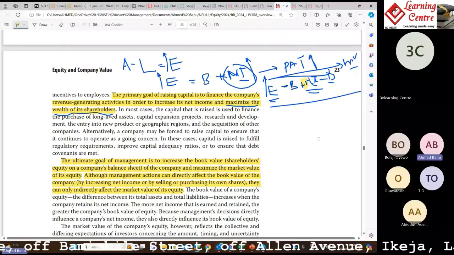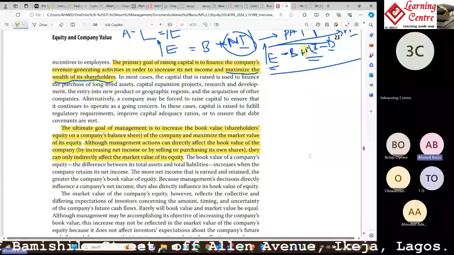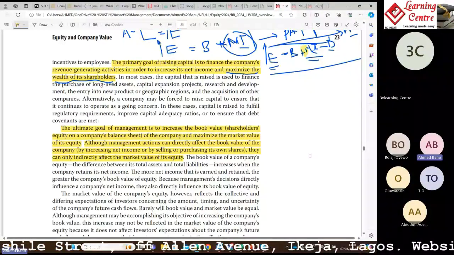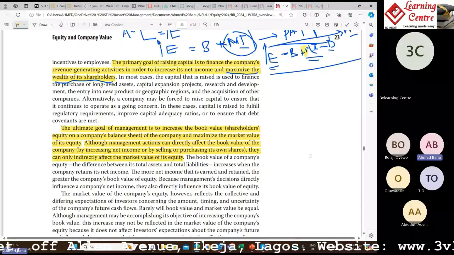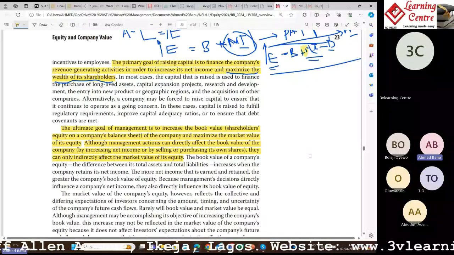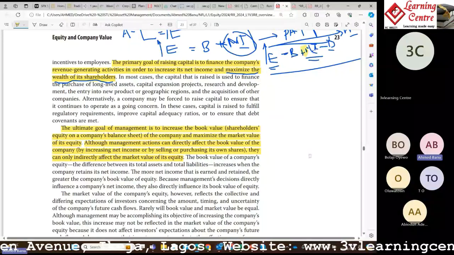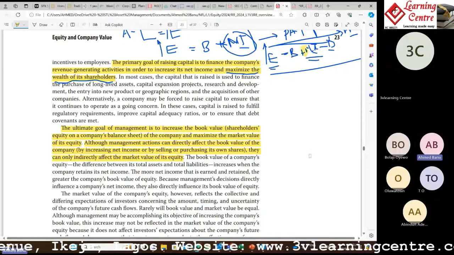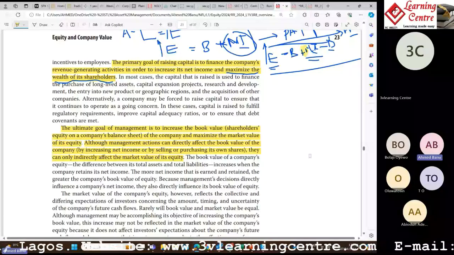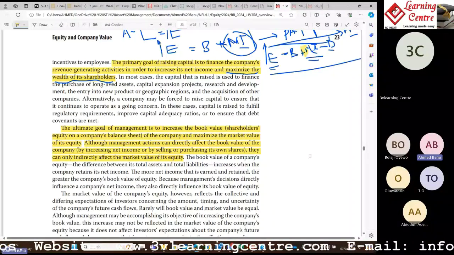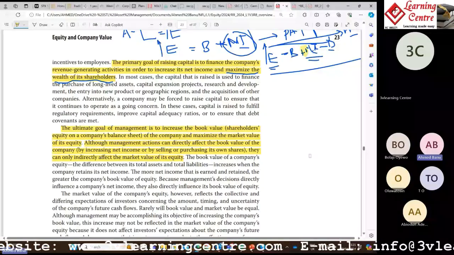Your market value, they don't have power over it. But the expectation is that if we continue to do good with our book value, it will translate to our market value because investors will continue to like us. The only way investors can show their likeness for us is by buying our shares, and the more they buy our shares, the more the market value starts to increase.